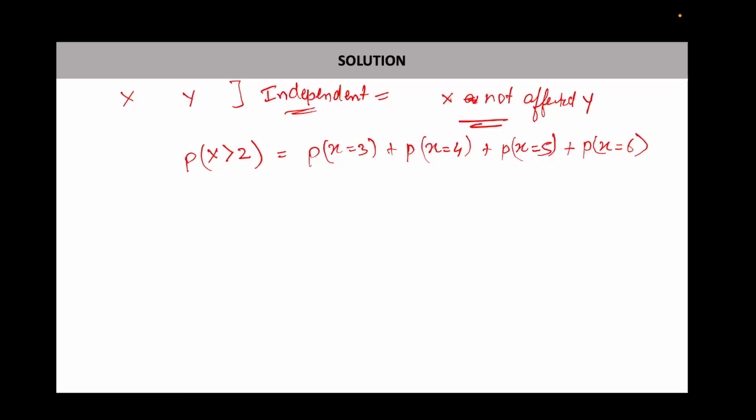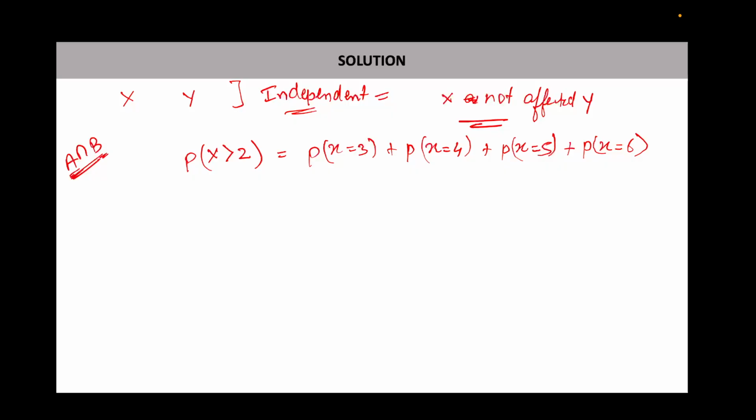Now, in the previous question, we have discussed that when we are saying that there is some event, when we are using the word and, like this event and this event is happening, which we denote by this. Okay, so when event this and this are happening, we will always multiply the probability of these two variables.